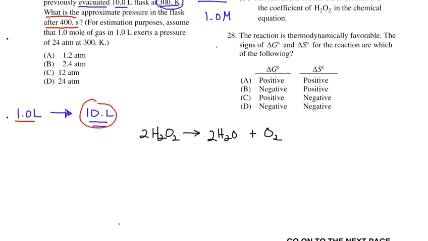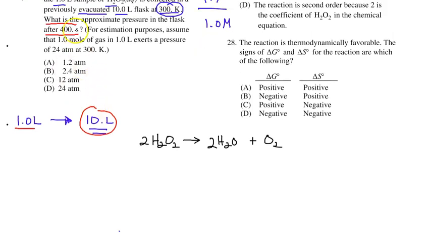So I can say what? Minus 1.0 molar, and this would be what? Plus 1.0 molar. Look at the ratios here. This is 2 to 1. So it's not a minus x plus x. This has to be what? Plus 0.5. Why? That's important. That's what this problem was getting at.